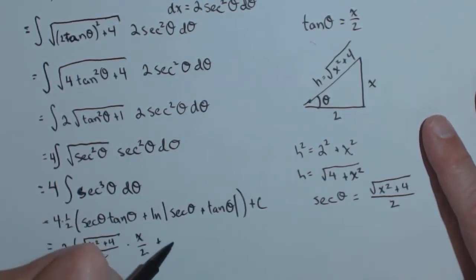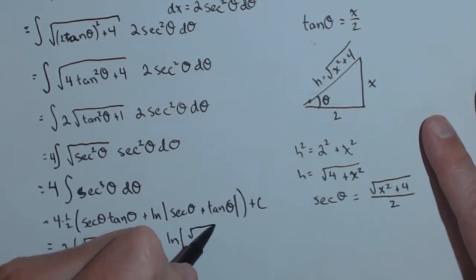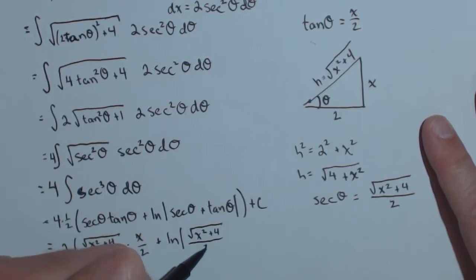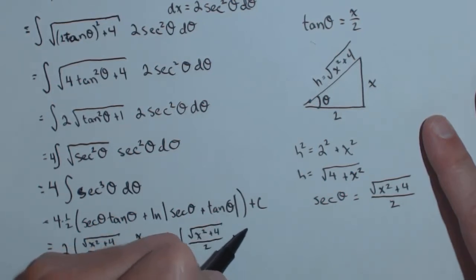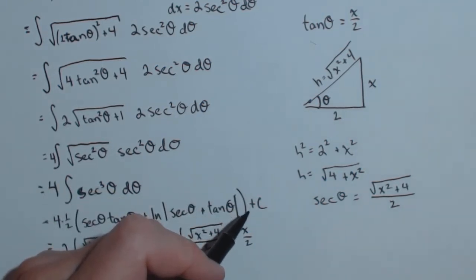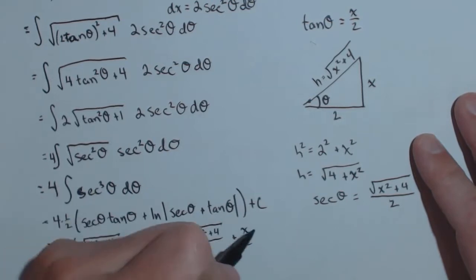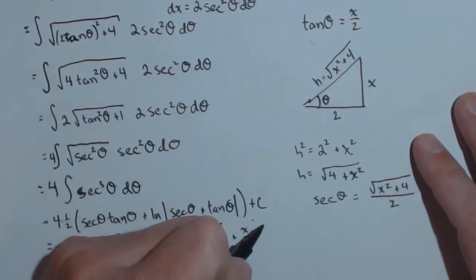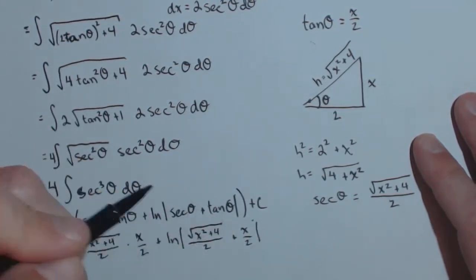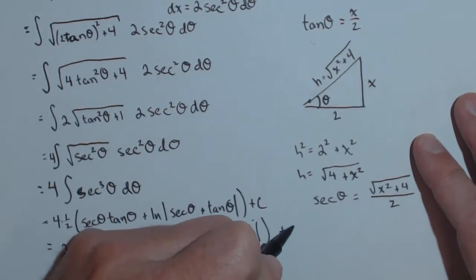Plus ln of the absolute value, secant theta, we said is square root of x squared plus 4 over 2. And tangent theta is x over 2. And the absolute value and our parentheses, and we have a plus c.